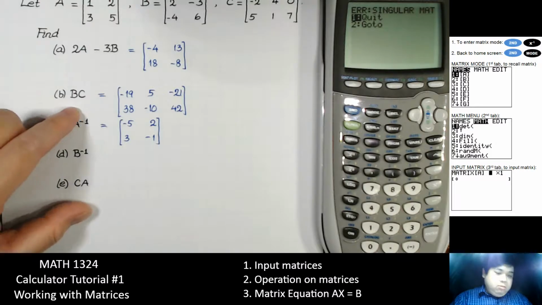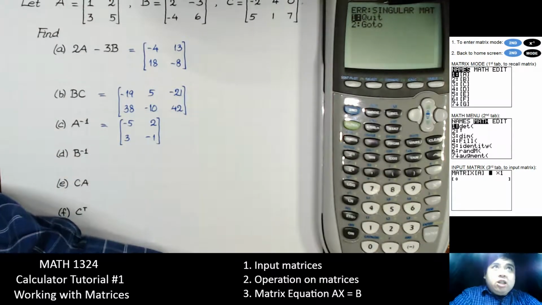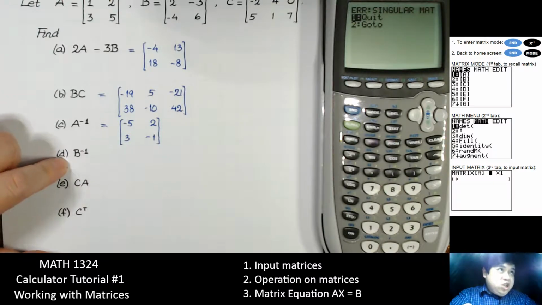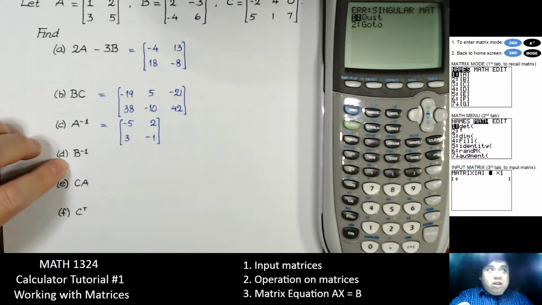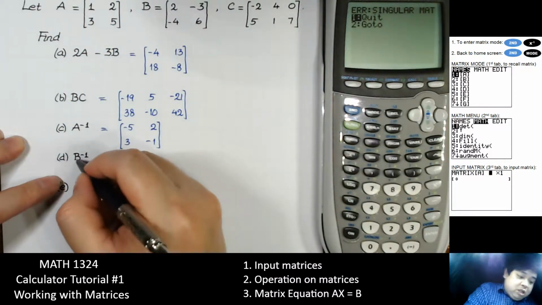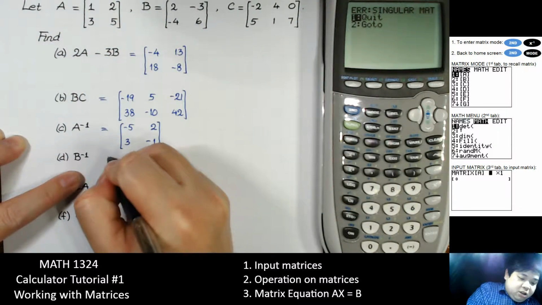It gives an error, singular matrix, and that means matrix B has no inverse. So when you see an error like this, that means we cannot find the inverse of the matrix. So we say B inverse does not exist.